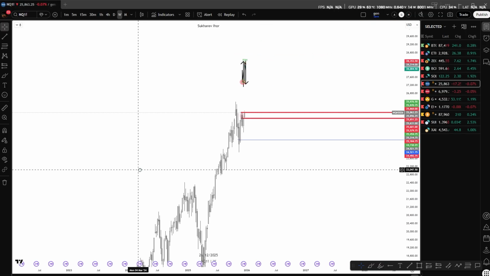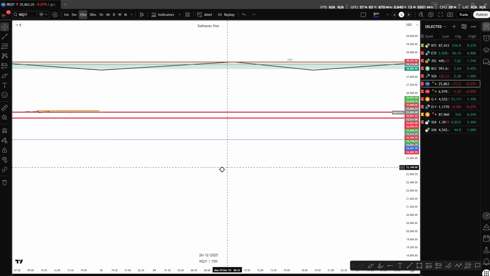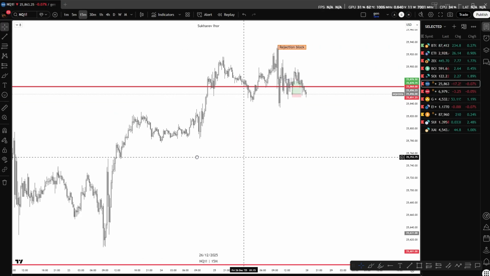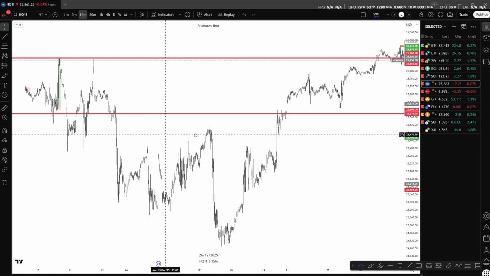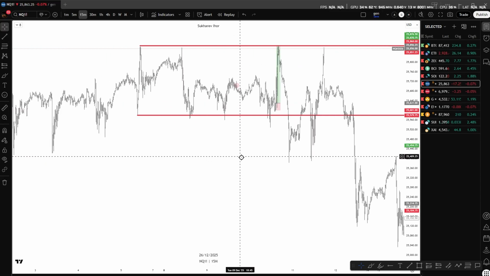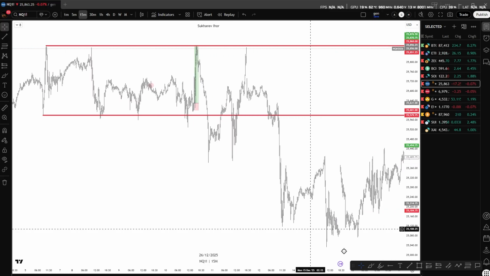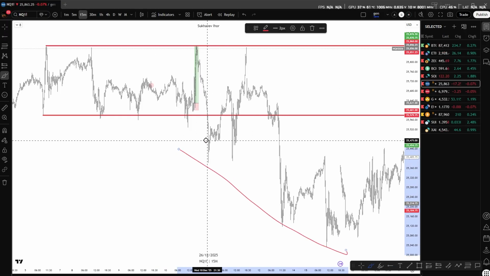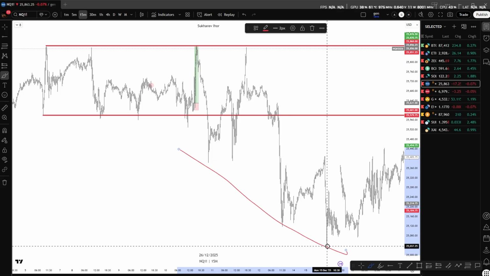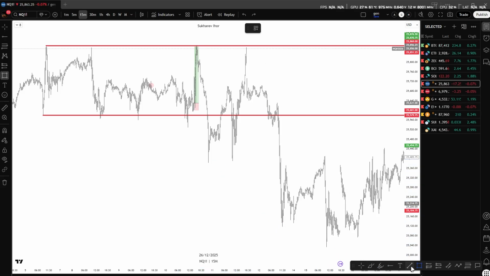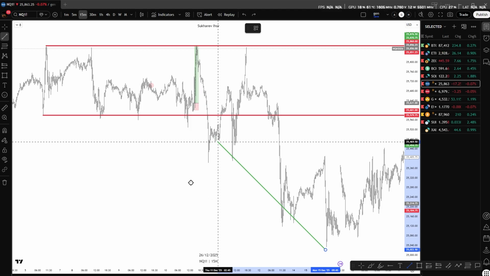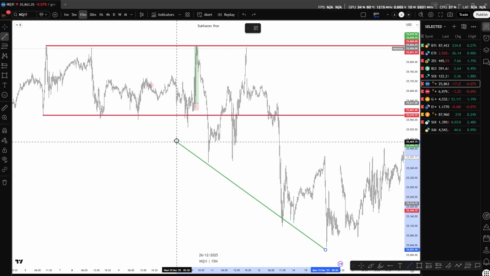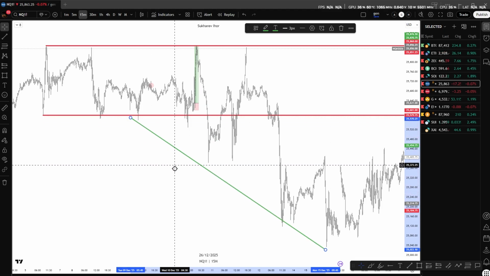Something like that is also pretty interesting because we can see that orders are building up here. So when people draw these lines, they might actually mean something.